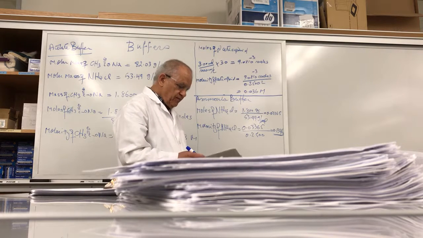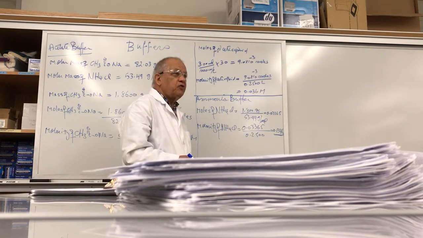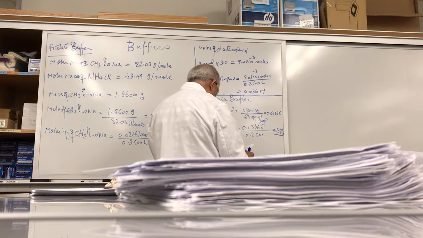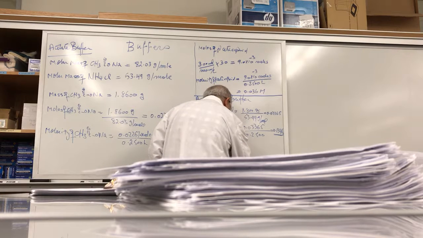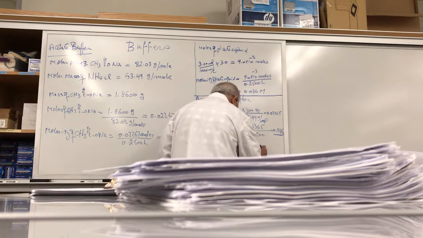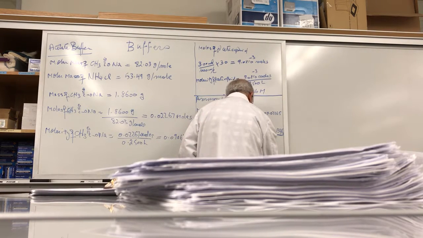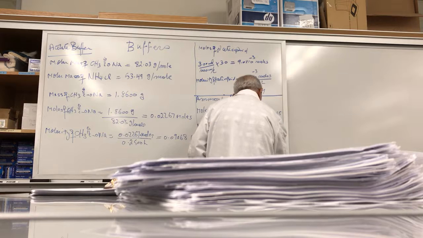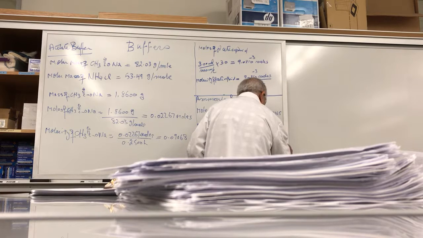Now I need to go to the ammonia. The moles of ammonia, NH3: I used 5 milliliters of the ammonia, so 5.00 milliliters divided by 1,000 milliliters multiplied by 5, and that will be 0.0250 moles.